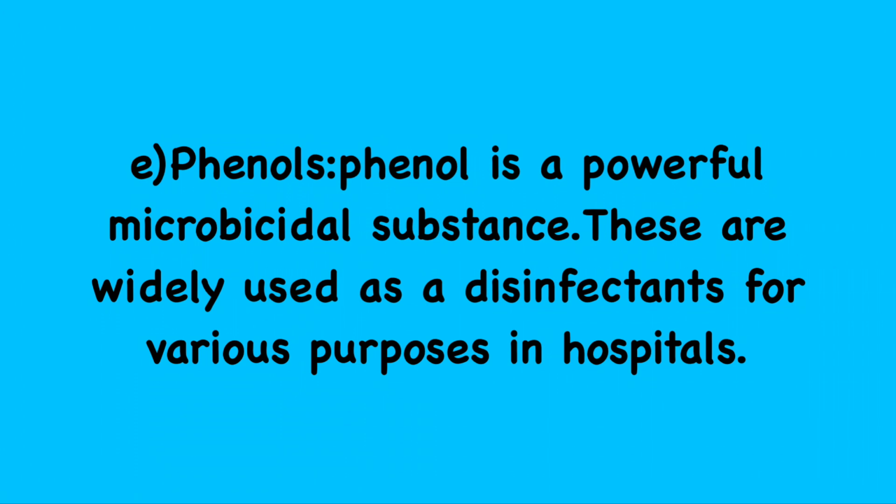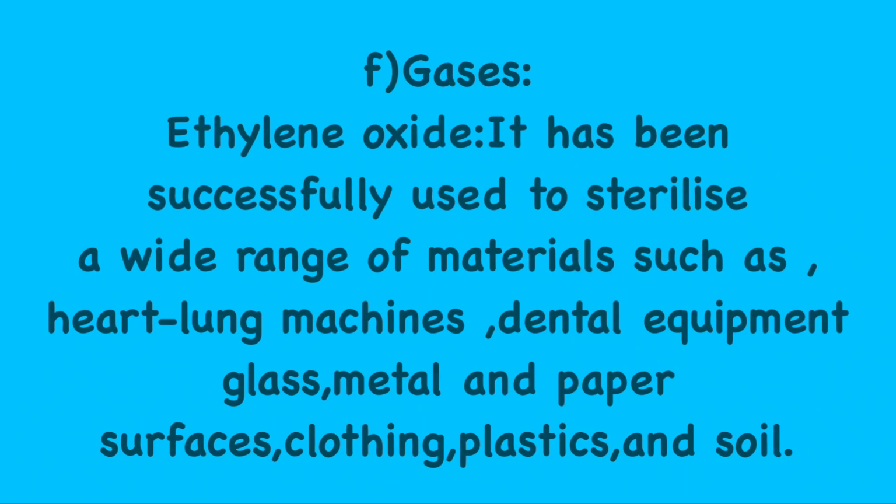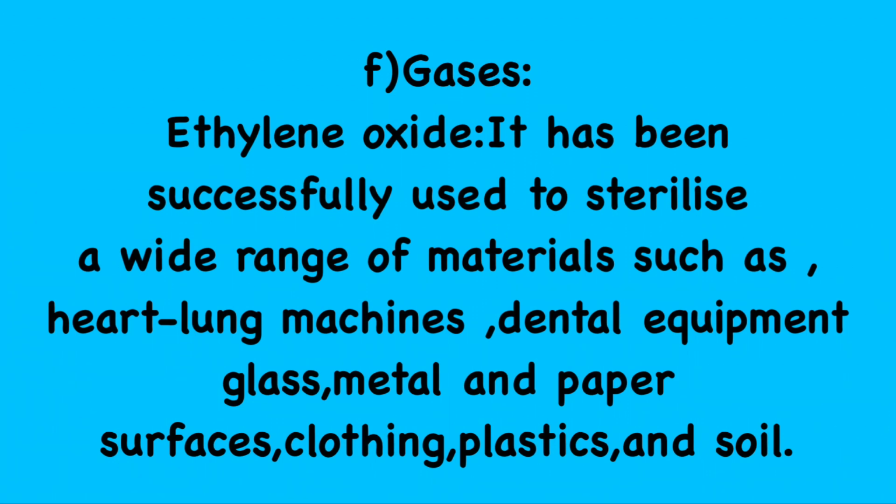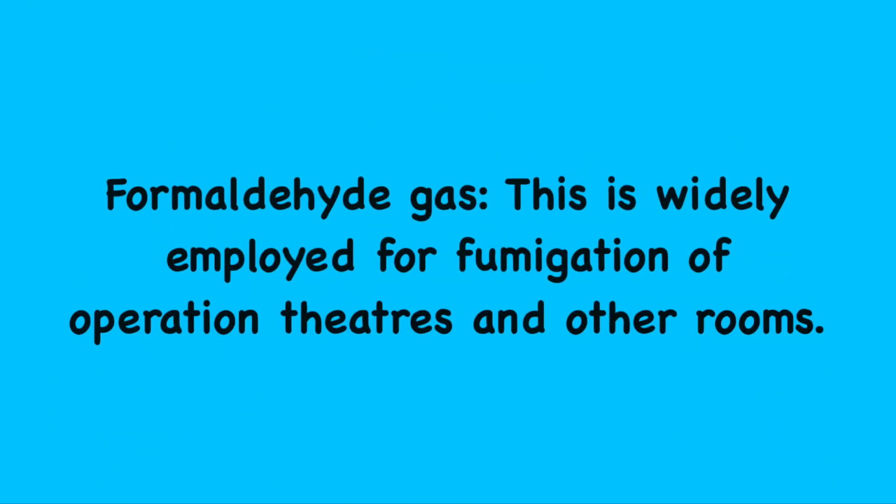These are widely used as disinfectants for various purposes in hospitals. F. Gases. Ethylene oxide. It has been successfully used to sterilize a wide range of materials such as heart-lung machines, dental equipment, glass, metal and paper surfaces, clothing, plastics and soil. Formaldehyde gas. This is widely employed for fumigation of operation theatres and other rooms.